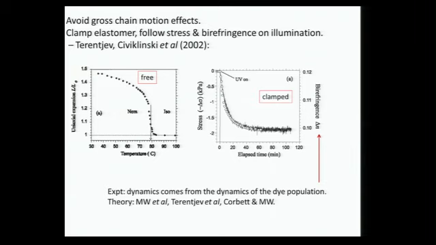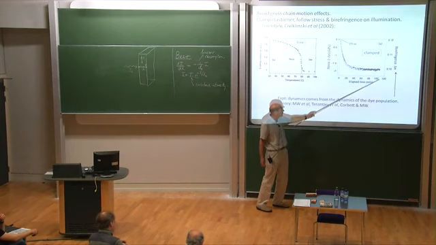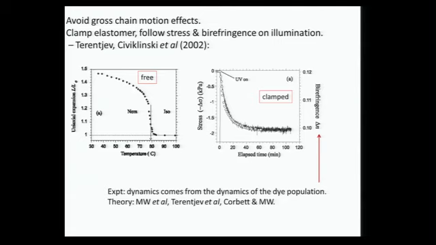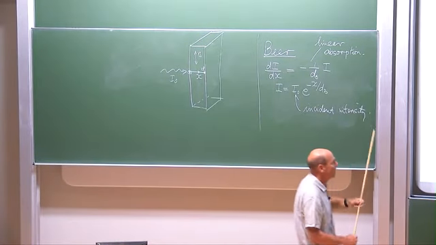Then he takes this strip of rubber, clamps it, and illuminates it. This is the time after he switches the light on, and he finds a contractile stress, because when it's clamped, it can't get shorter. If its natural length is diminished, then there has to be a stress associated with holding the ends apart.